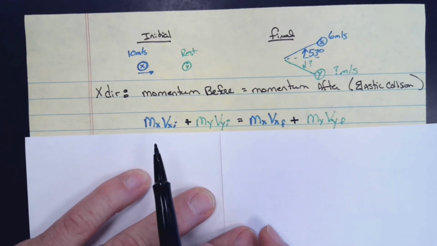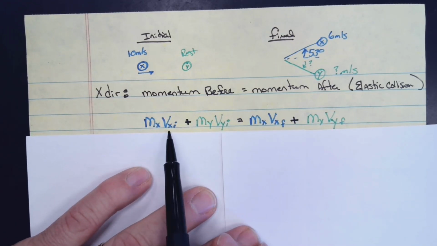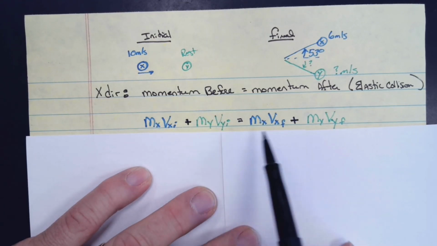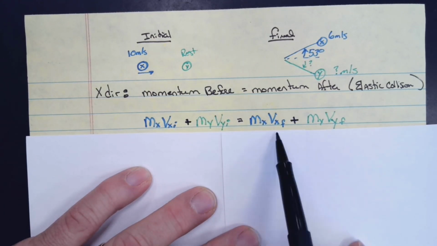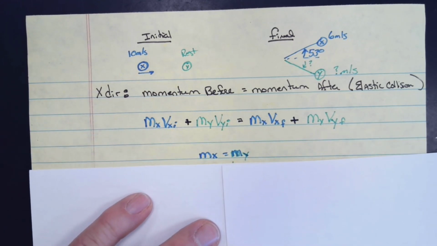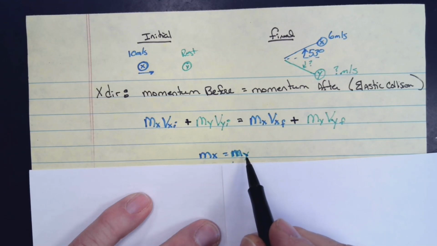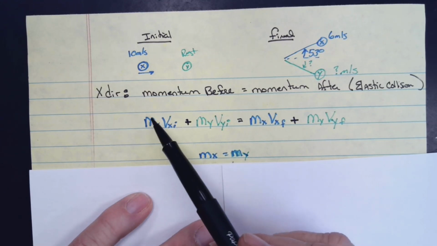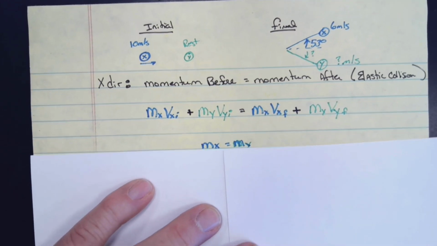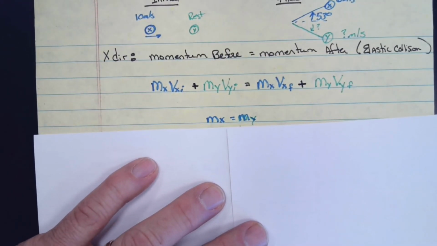If I wrote this all out, I've got the mass of ball X, its initial velocity, the mass of ball Y at its initial velocity, and then the final velocities of both the respective balls. We know that the masses are equal to each other, so we're going to be able to cancel those out all the way through, which is really useful when the masses are equal.